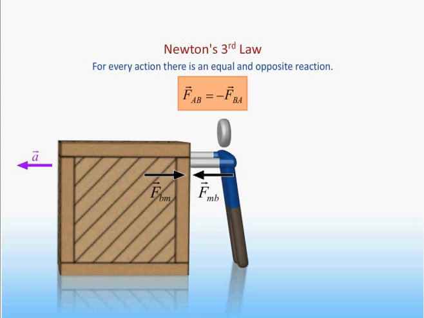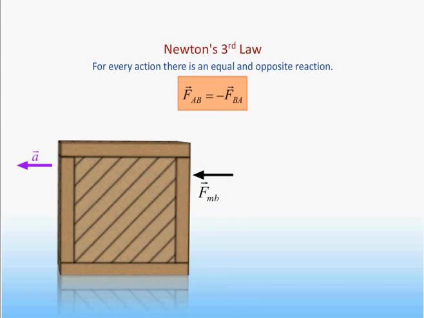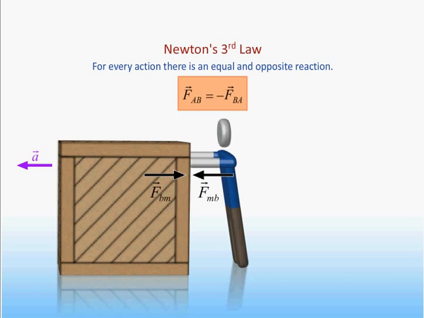What's going on here? Well, the answer to our problem is simple. In order to understand the motion of the box, we only need to consider the forces acting on the box. Only F MB needs to be considered when calculating the total force on the box, not F BM. This little exercise may seem more like bookkeeping than physics, but it is extremely important to get this picture right at the outset.